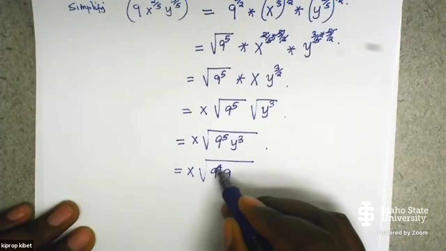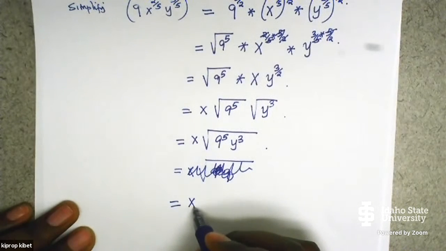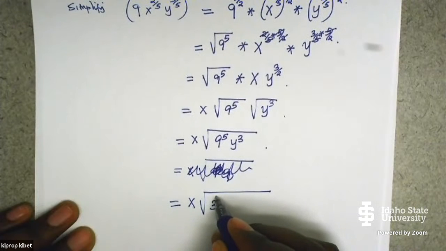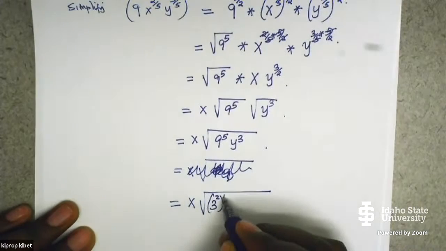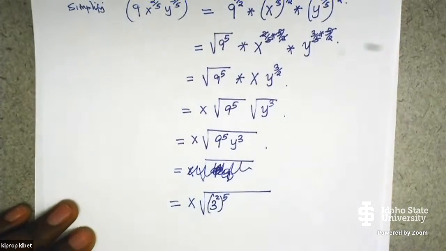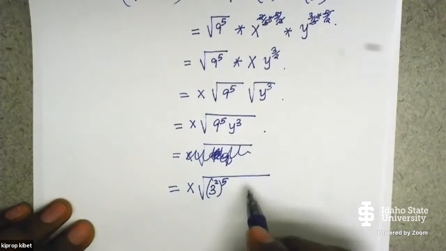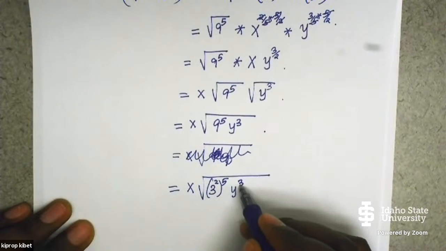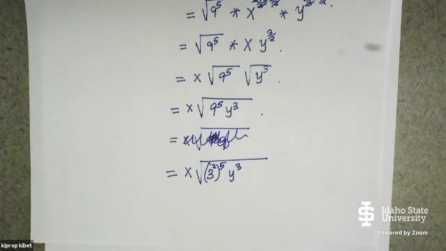So basically we can write this as x outside, and then this 9 can be 3 raised to 2, and then also raise this one to 5, right? And then this is y raised to this. Right. Okay.